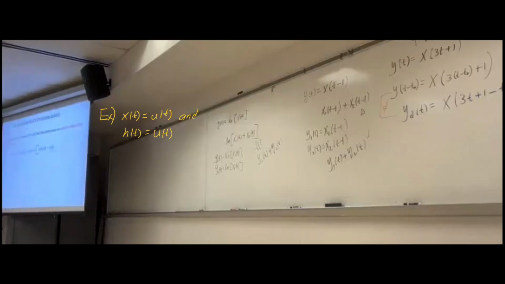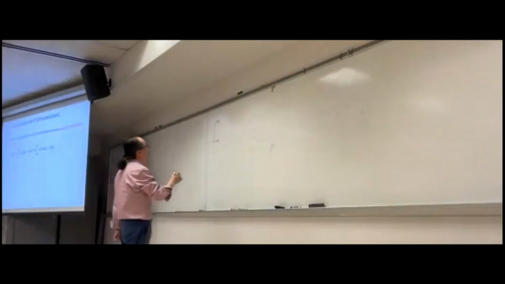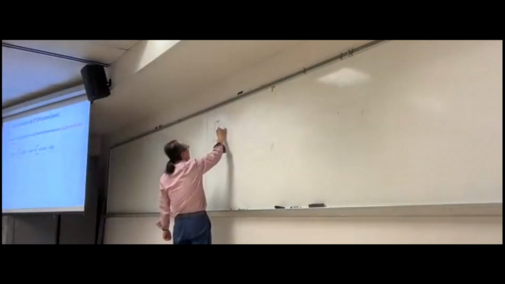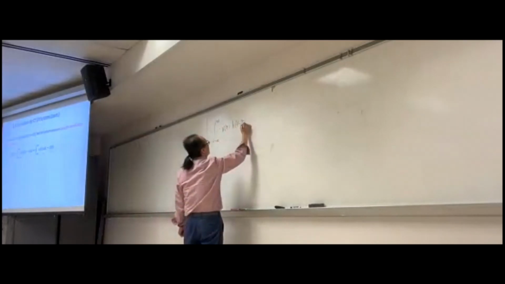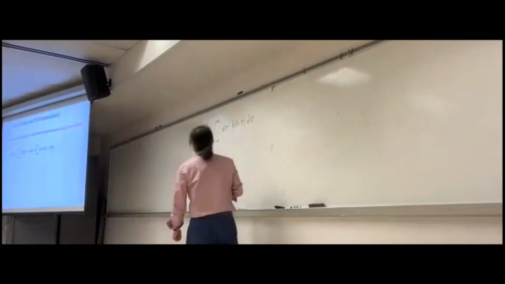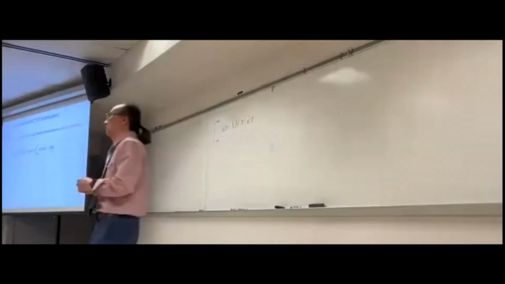Using the convolution definition, we want to work on x of t equals u of t and h of t equals u of t. So we have the integral from negative infinity to positive infinity of x of tau times h of t minus tau d tau. That is the definition of the convolution.